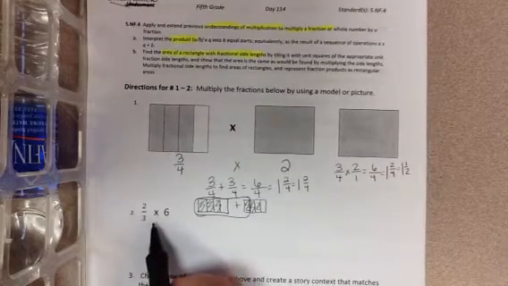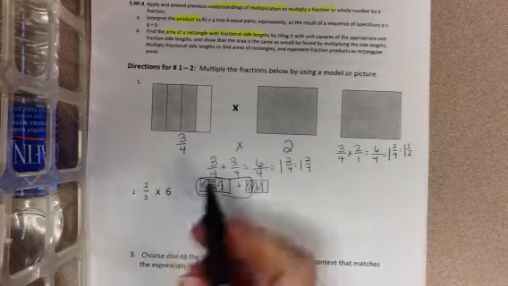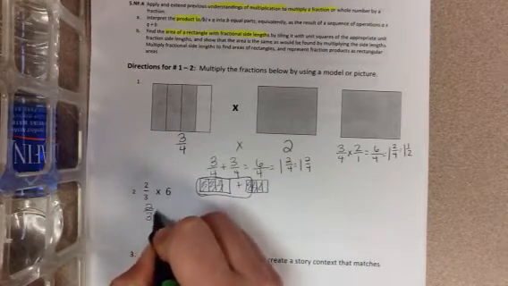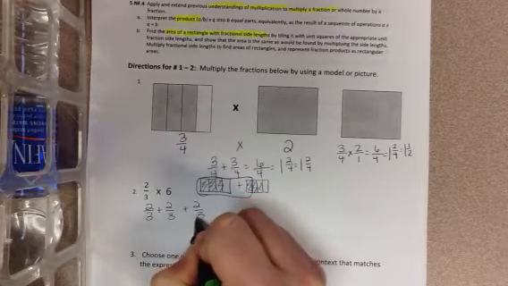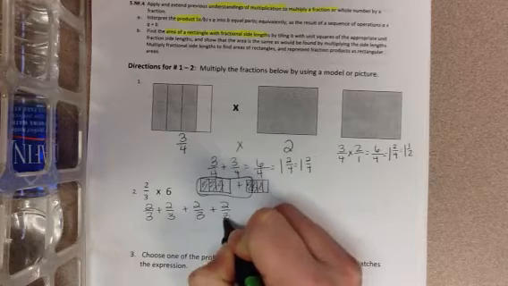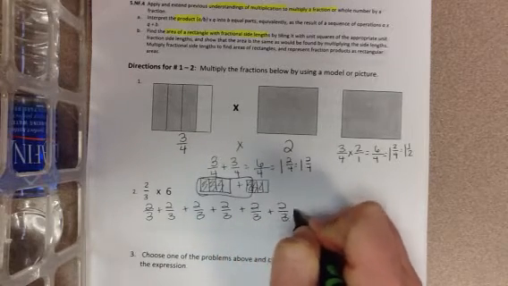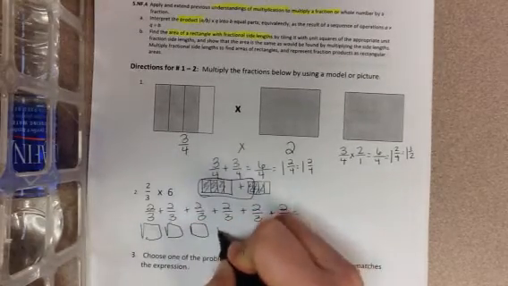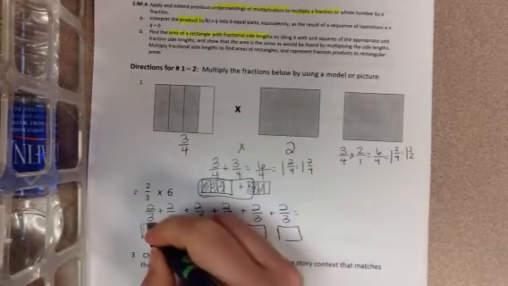All right, let's look at this one. It says to use a model or a picture. So I have 2/3 times 6. So I have 2/3. I'm going to do this 6 times. I need 6 boxes.